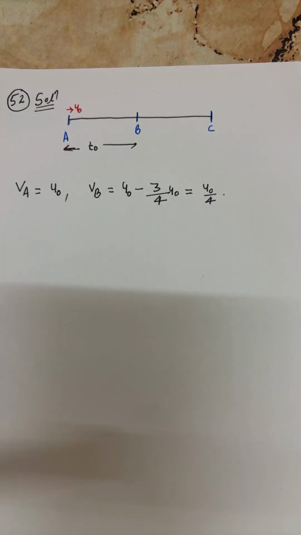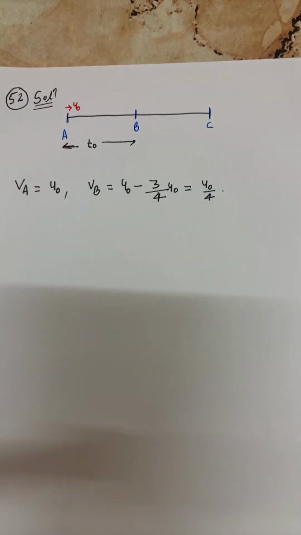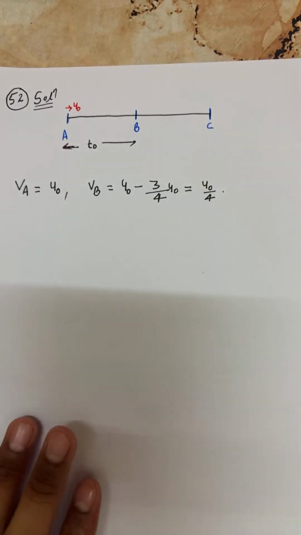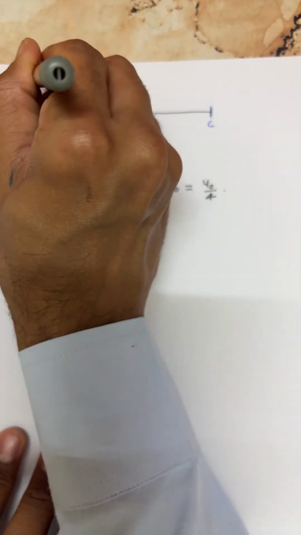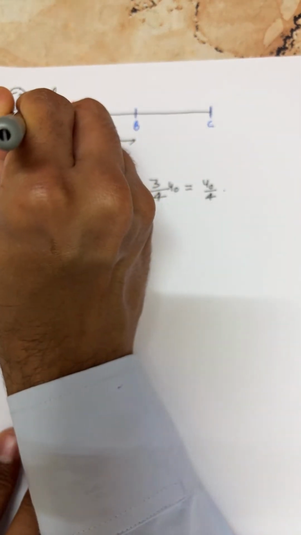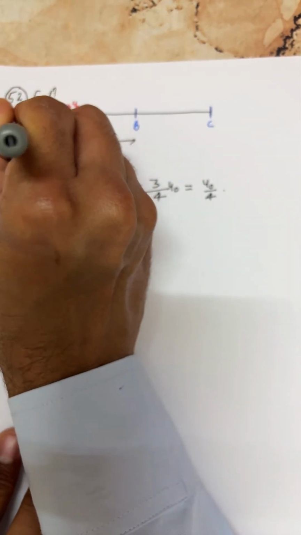This is the condition here, so keep it in your mind. Now students, the question mentions that acceleration is constant forever. This is what I did in step one, right, beta?